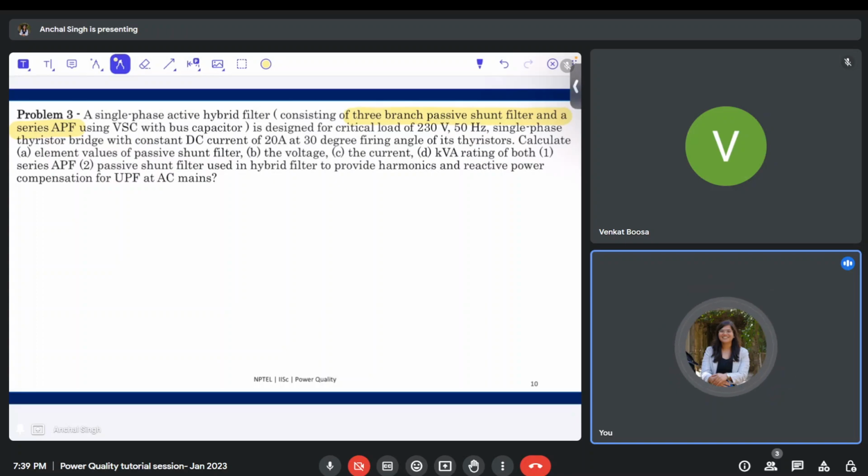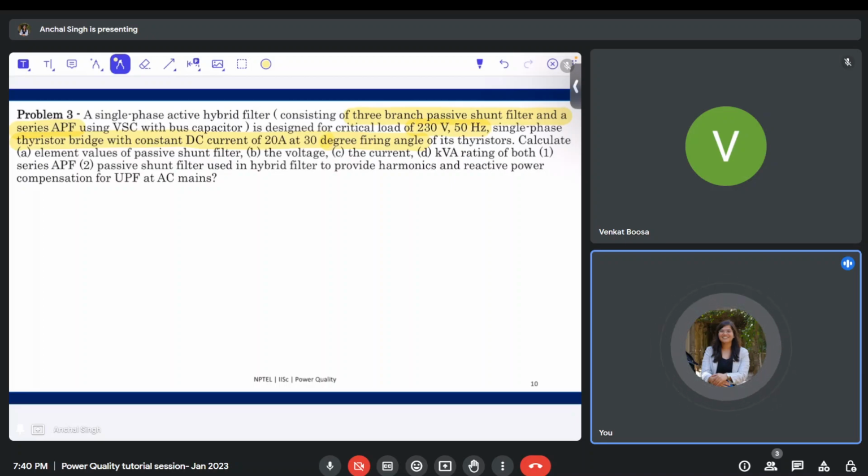This hybrid filter is designed for a critical load of a 230 volt 50 hertz single phase thyristor bridge with constant DC current of 20 ampere at 30-degree firing angle. We are asked to calculate the element values of the passive shunt filter, and the voltage, current and kVA rating of both the series active power filter and the passive shunt filter, which are used in the hybrid filter to provide harmonics and reactive power compensation.